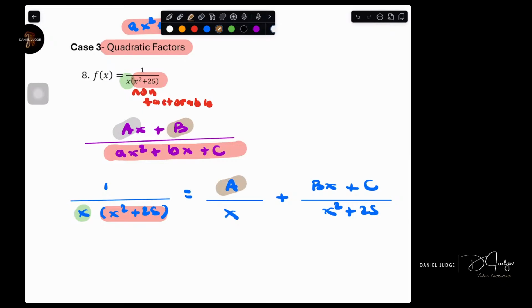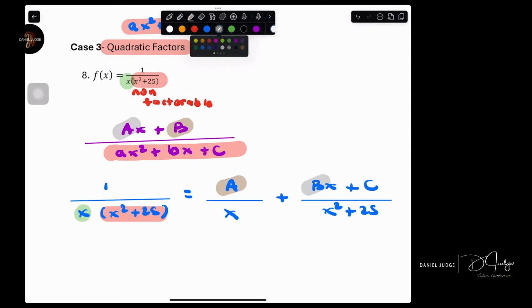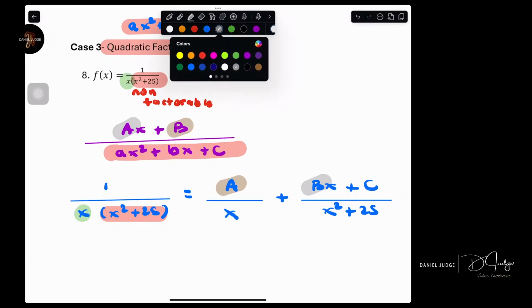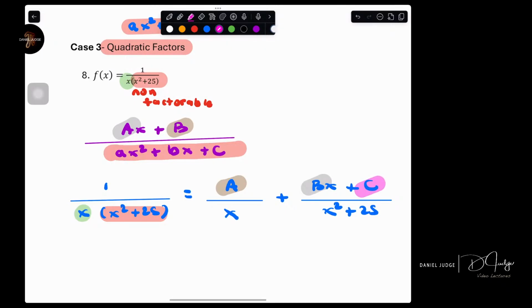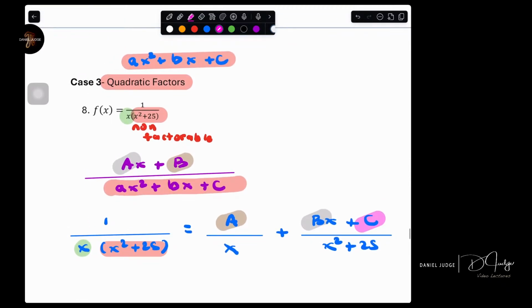So we'll find the constant a, constant b, and the constant c.